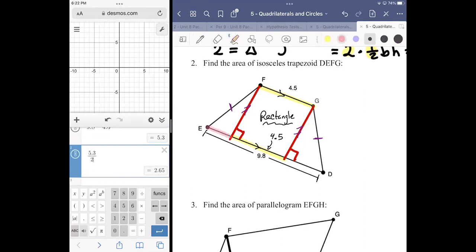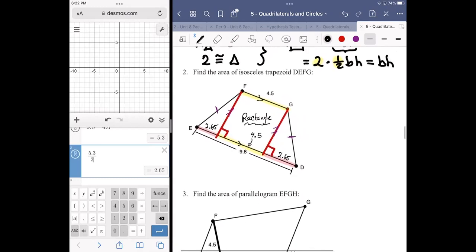Now the numbers aren't going to be pretty, so we're not going to expect our answer to be in simplest radical form. But this would have a value of 2.65, and this would have a value of 2.65. All right, so we have those dimensions. But we don't know this side here.